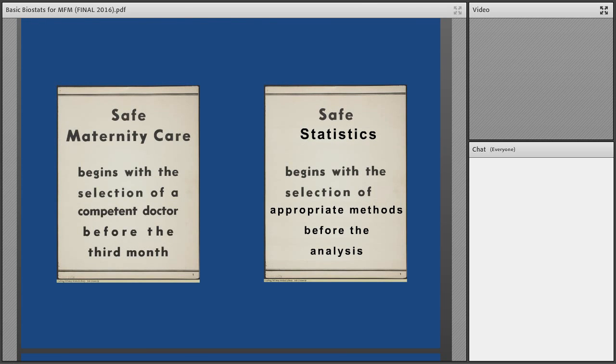And the concept is that for the mother, safe maternity care begins with the selection of a competent doctor before the third month. And in the same way, when we're applying our statistics, safe statistics begins with the selection of appropriate methods before the analysis. So I'm going to focus a lot on what we do before we analyze the data rather than what we do after or when we're analyzing the data.